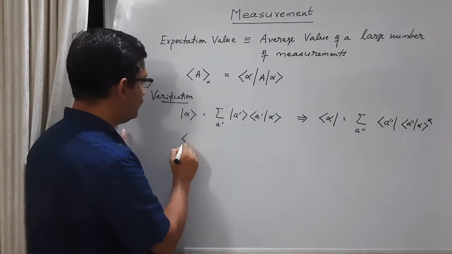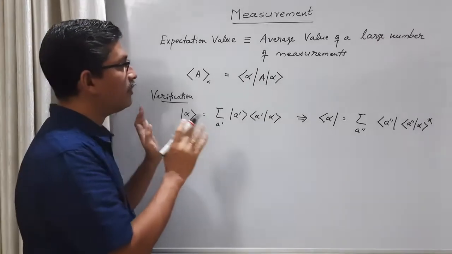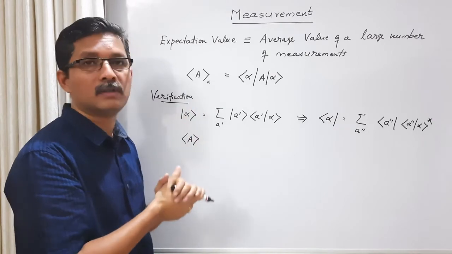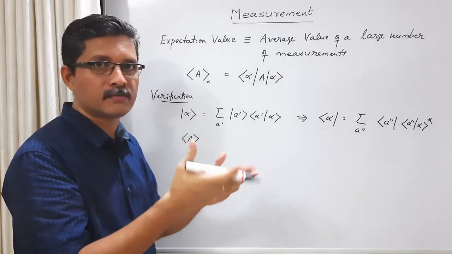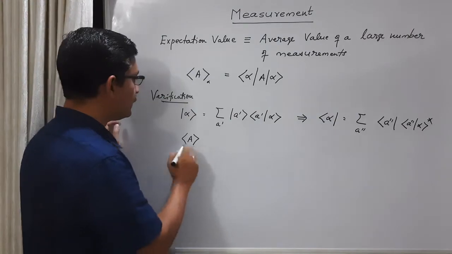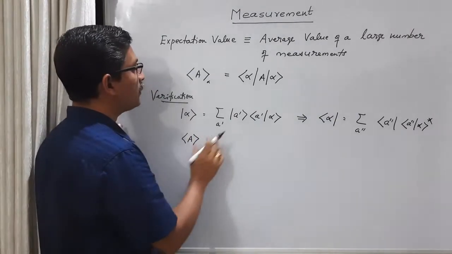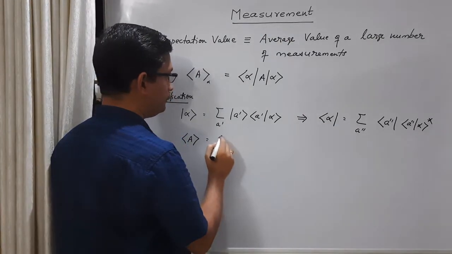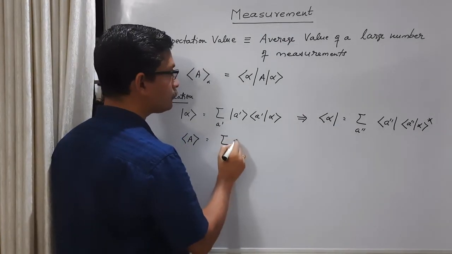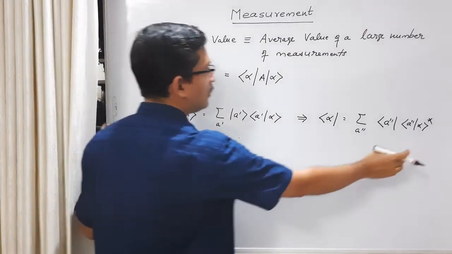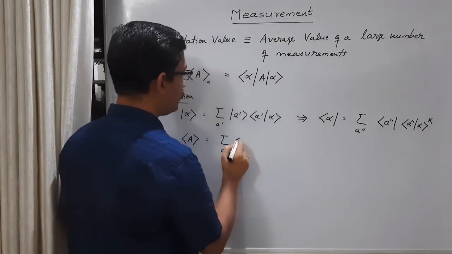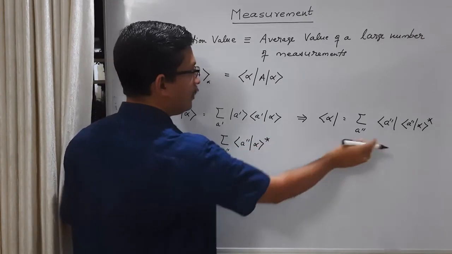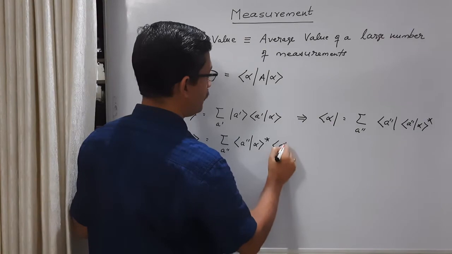So what is this expectation value? Again, we have assumed that this ket alpha is normalized. I will write down the equation for the unnormalized case later. So the expectation value of A is equal to, here I am substituting, summation over a double prime. I will write the scalar first: a double prime alpha star, and then bra vector a double prime.